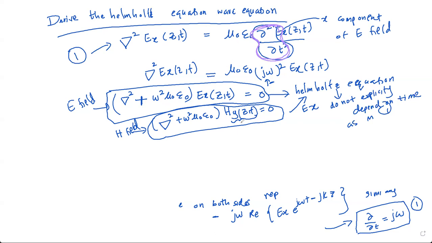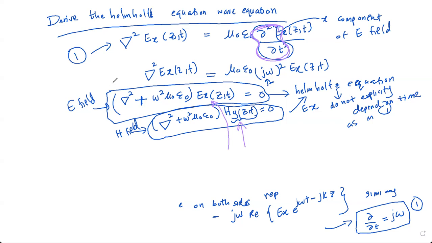However, in this Helmholtz equation, we do not have that explicit dependency of the electric and magnetic fields with respect to time, right? They do have dependency with respect to z and time.